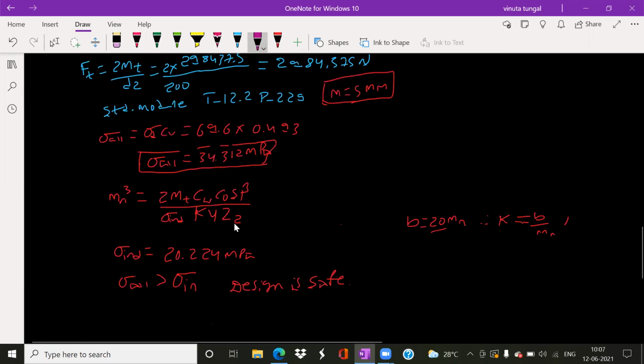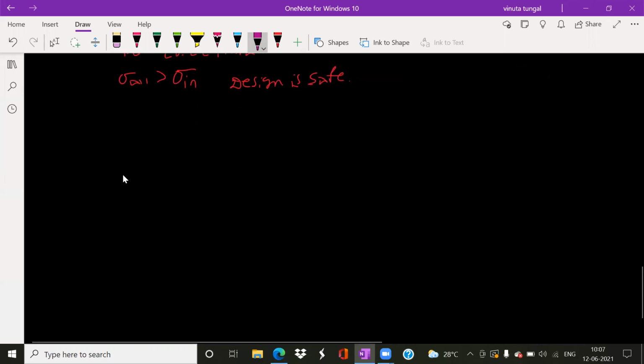As we know, the face width B is equal to 20 mn. Whatever this 20 is, it is nothing but the K value, and this equation is there in the data book. From that I have taken it, and now you need to substitute the value of mn.